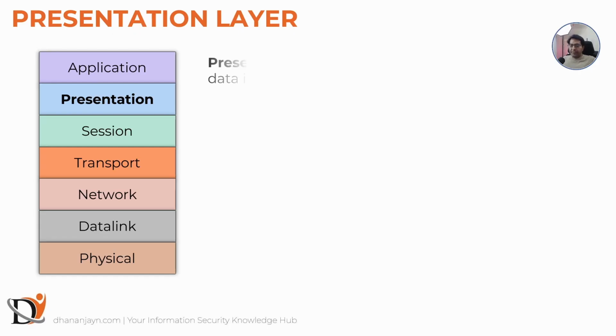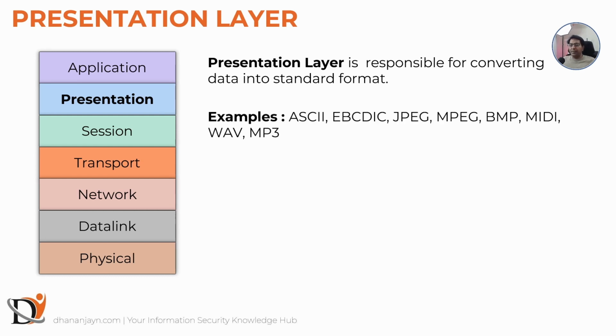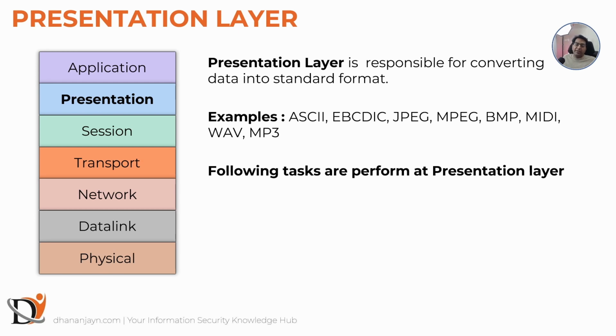Friends, let's talk about the presentation layer. The presentation layer is responsible for converting data into standard formats. For example, as you can see, ASCII, EBCDIC, JPEG, MPEG, BMP, MIDI, WAVE and MP3. These are some of the formats in which the data is converted at this layer.